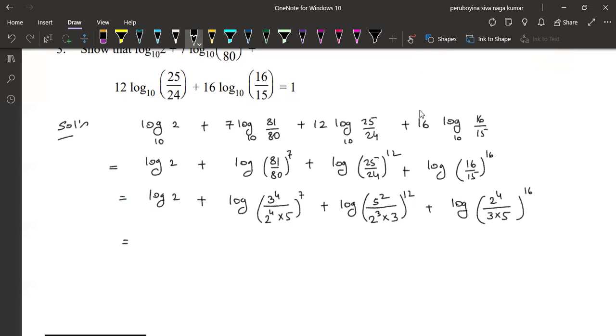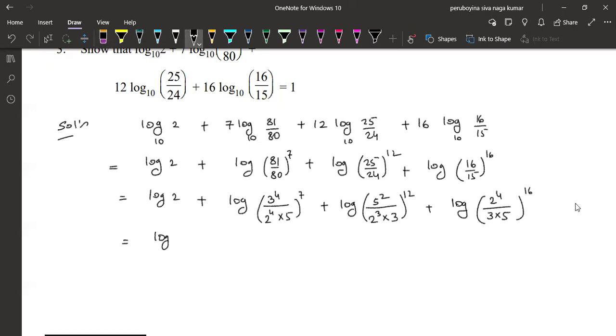So therefore log base 2 plus, and you can apply the whole power 7. Shall we merge all these numbers together? That's the best idea.